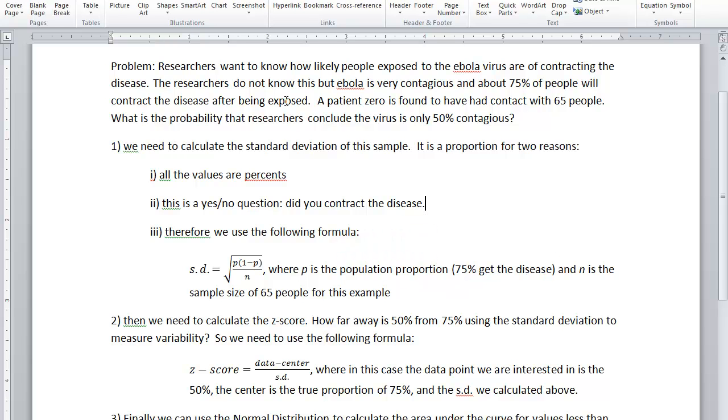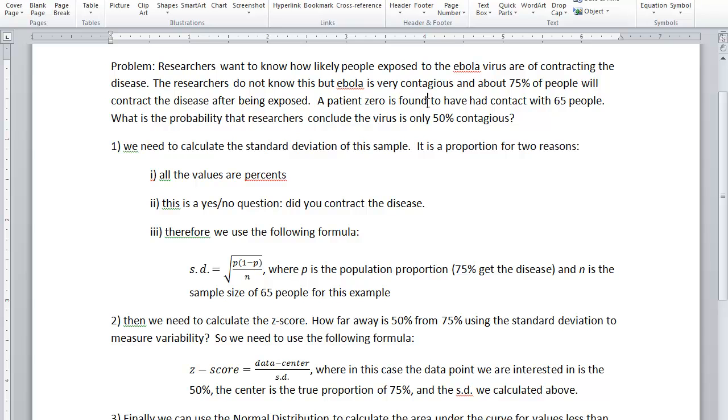Okay? A patient 0 is found. Now remember, a patient 0 is an initial case. Maybe he ate some bad food. Maybe he came into contact with an animal. Maybe he got bit by something and it got into his blood. I don't actually know how Ebola starts initially. I just know that when patients get sick, their blood is very contagious.